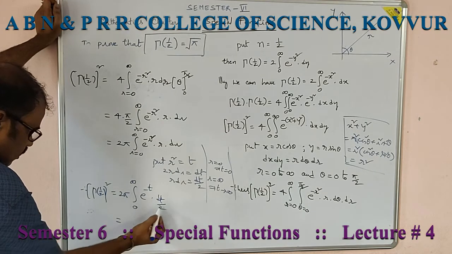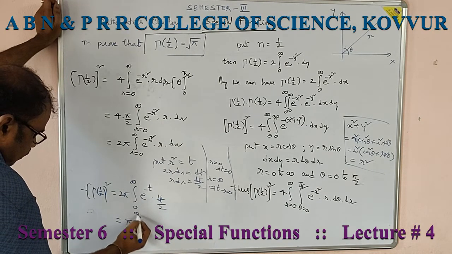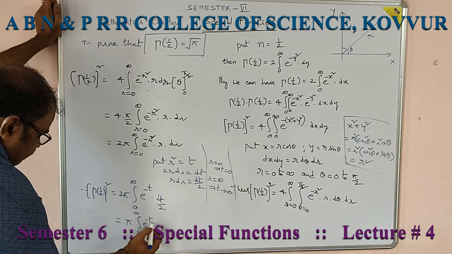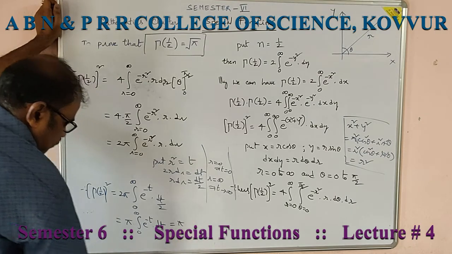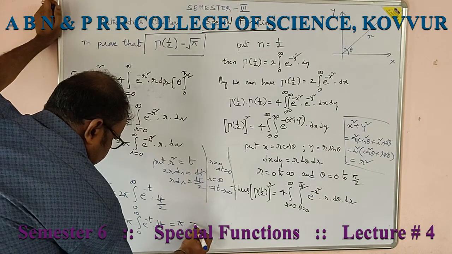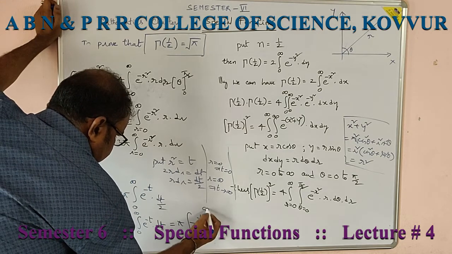Therefore, this is 1 by 2, you take out pi into integral 0 to infinity e power minus t dt, which is nothing but pi into minus e power minus t between 0 to infinity.